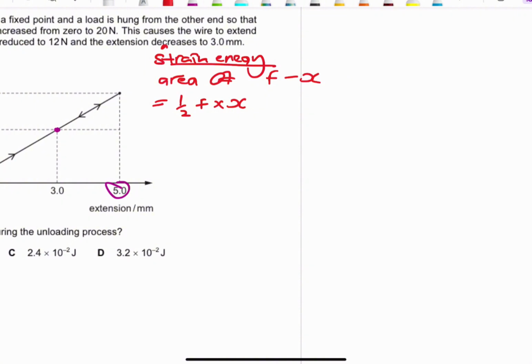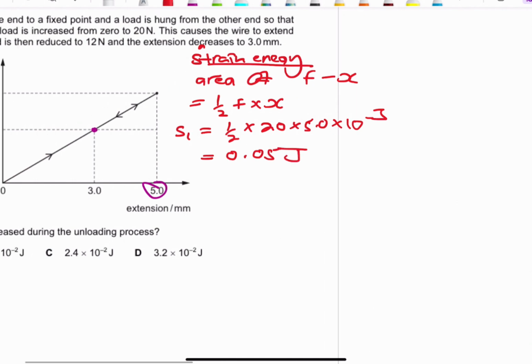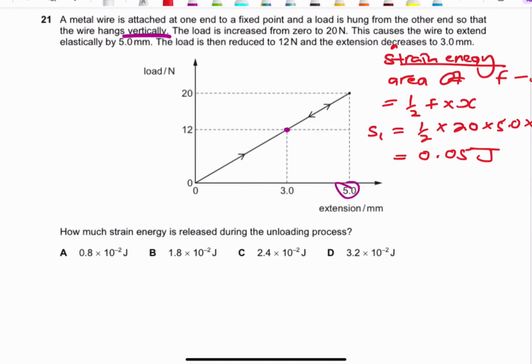So the beginning one, strain 1, is half my force being 20 times 5.0 times 10 to the power of negative 3. That gives me 0.05 joules, meaning that 0.05 joules to go from this point up to that point is my strain energy that I'm storing in my wire.